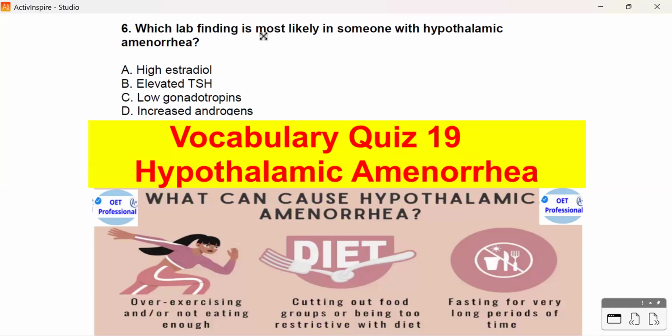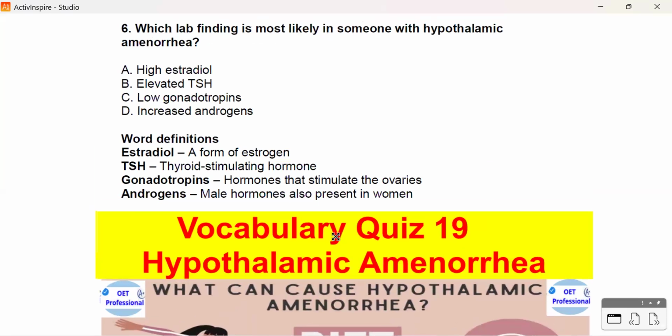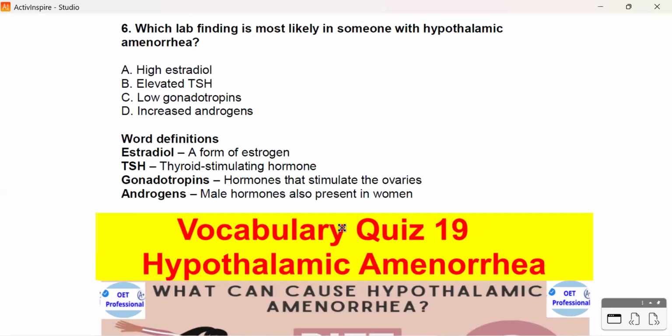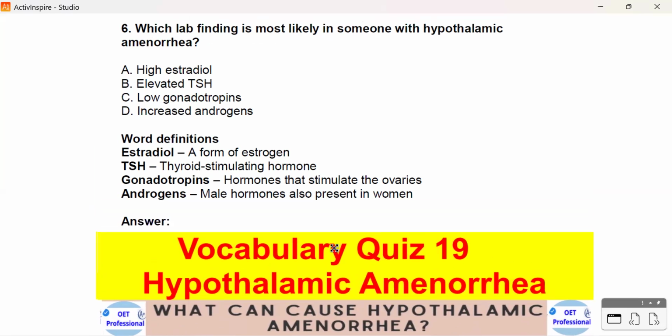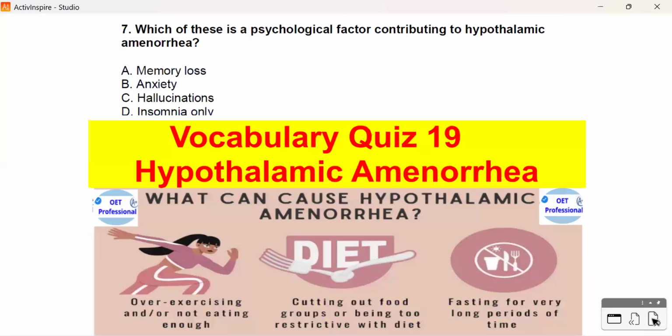Which lab finding is most likely in someone with hypothalamic amenorrhea? High estradiol, elevated TSH, low gonadotropins, increased androgens. The correct answer is low gonadotropins. Gonadotropins are hormones that stimulate the ovaries.